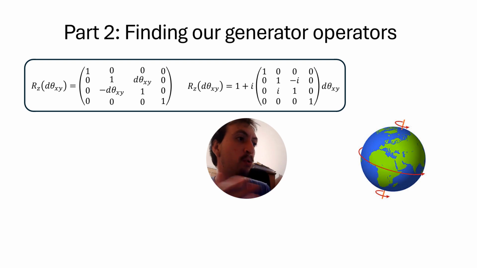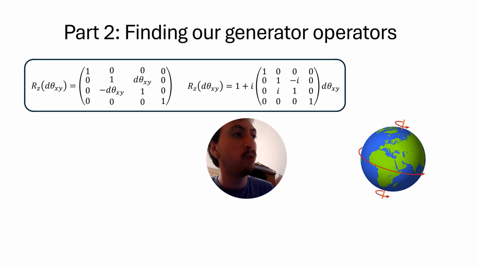So we can build up a macroscopic rotation if we get the infinitesimal rotation in the form of 1 plus i times something times d theta. So that's why there's this i that's coming up before our 4x4 matrix.